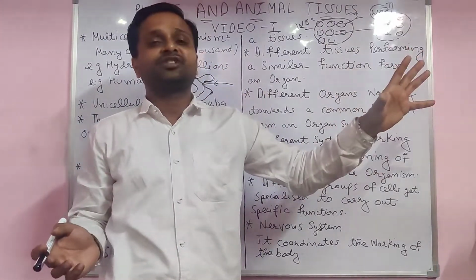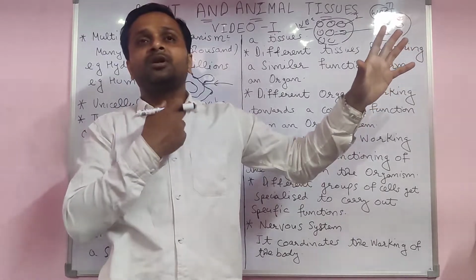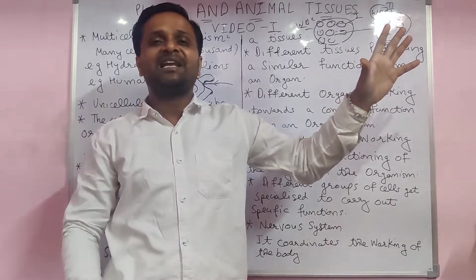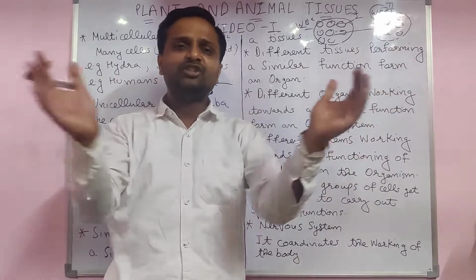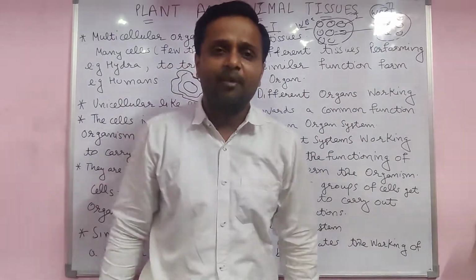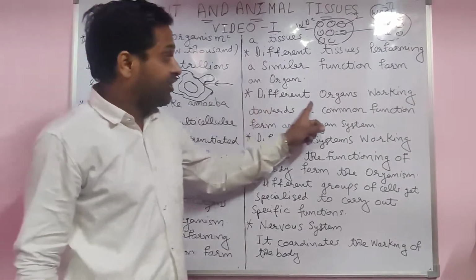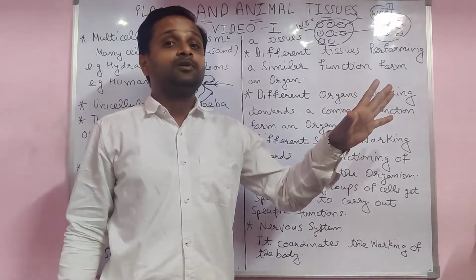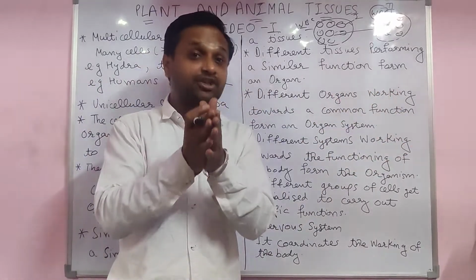For example, the digestive system. In the digestive system we have different organs: mouth, esophagus, stomach, small intestine, large intestine. When these organs combine, they perform the same function, digestion. Different organs working towards the common function. All the parts are doing digestion only.